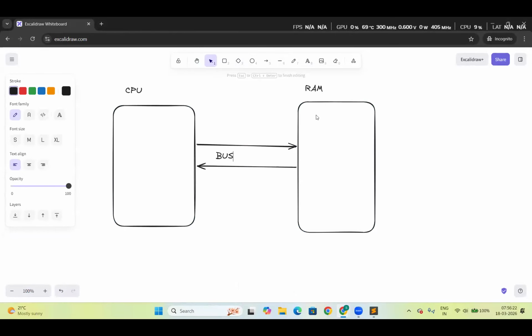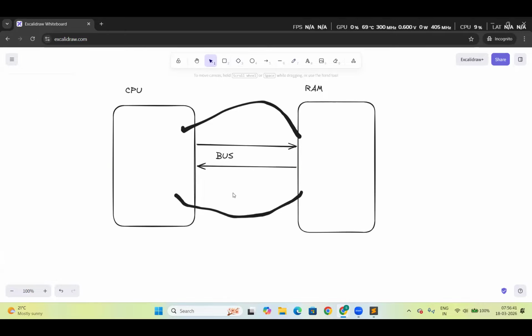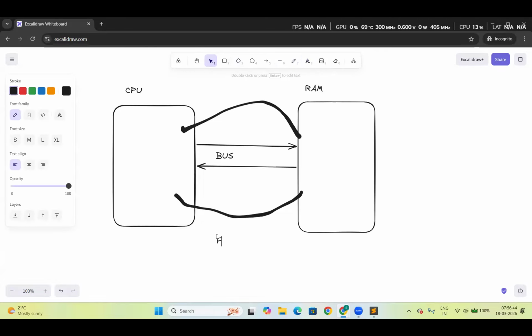Faster communication between this system, because both of them are built on semiconductor technology. That is why both are faster in nature.